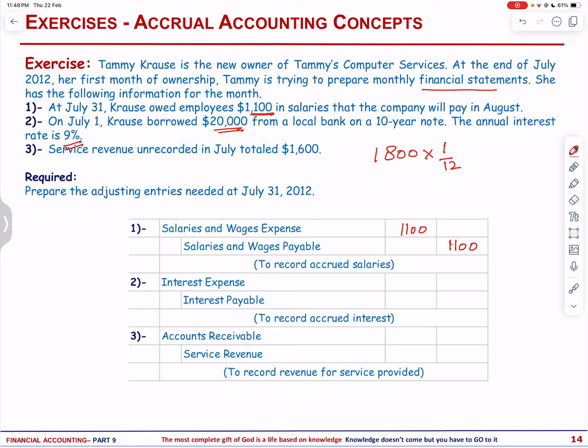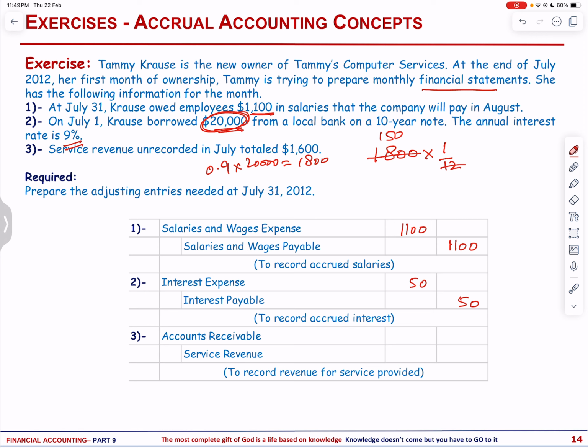So 9% of 20,000, that is 0.09 times 20,000, gives us 1,800, and then 1,800 divided by 12 will be 150. So interest expense is debit and interest payable is credit by 150.